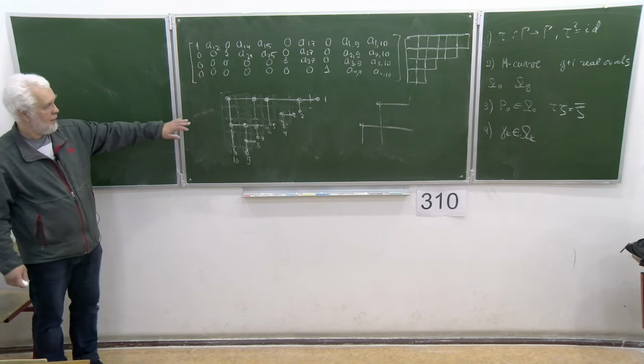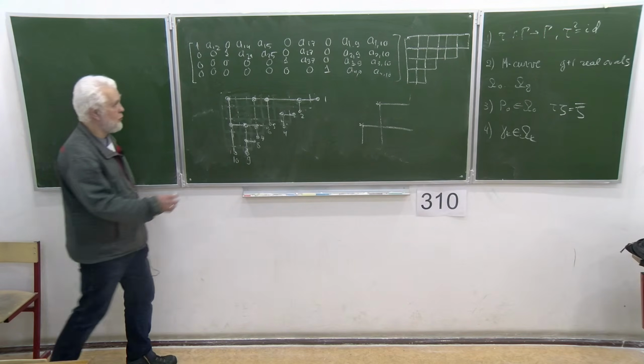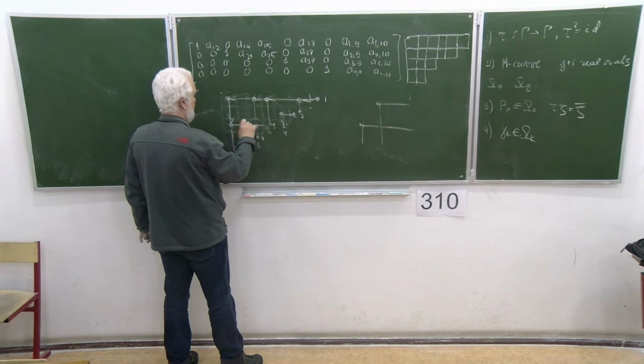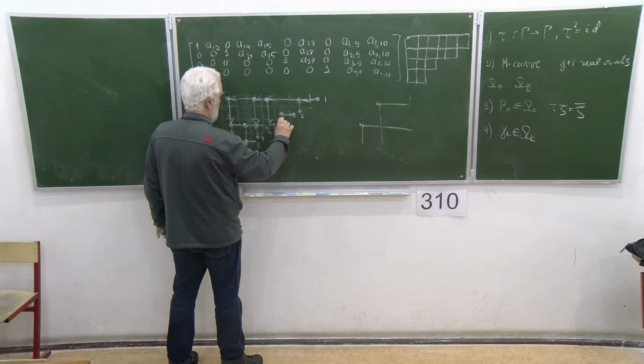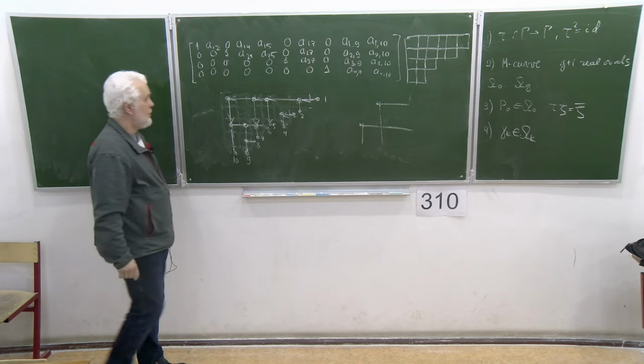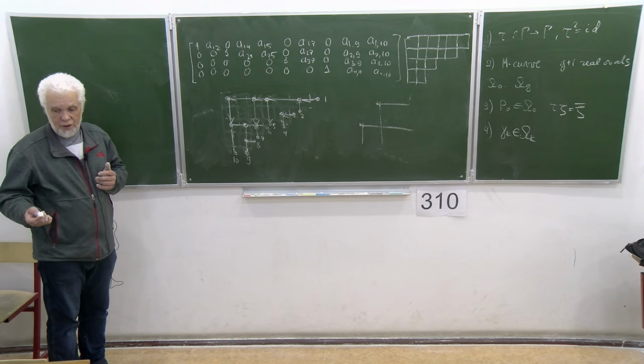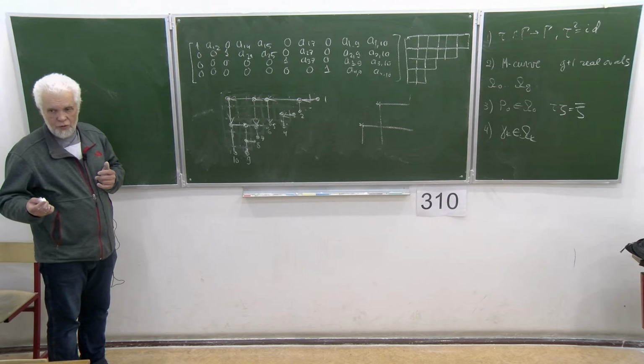Let's see. Then we put an orientation. Then we do the following. On each horizontal line, we put a non-negative weight.